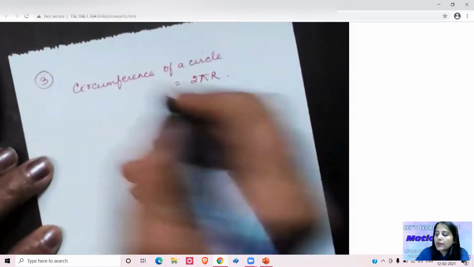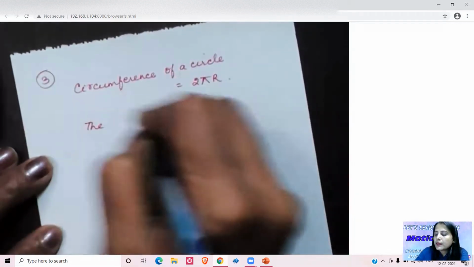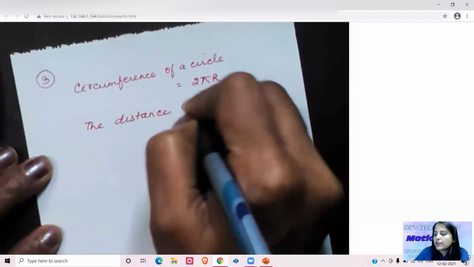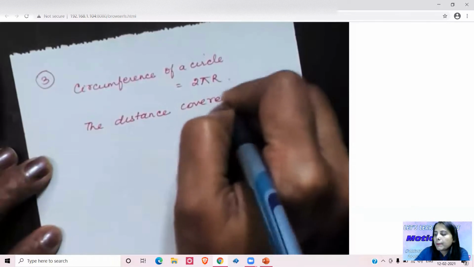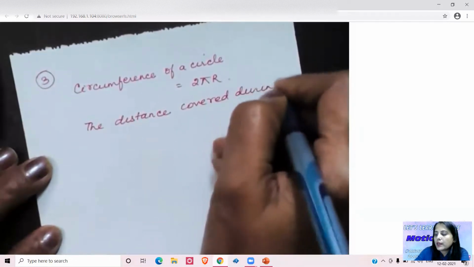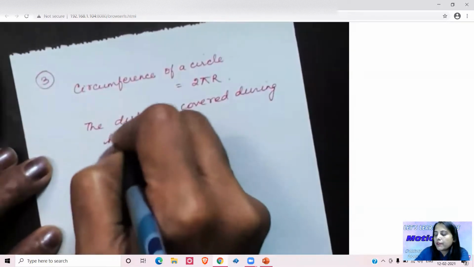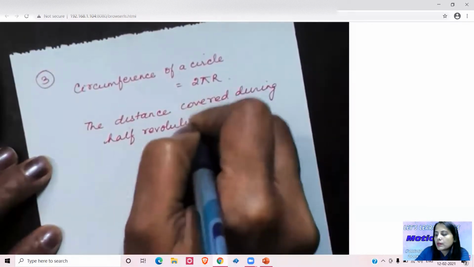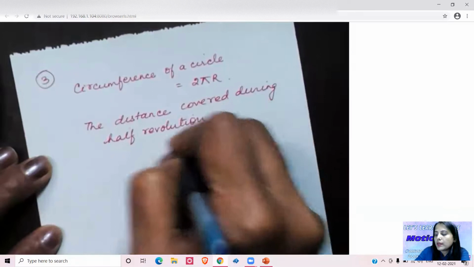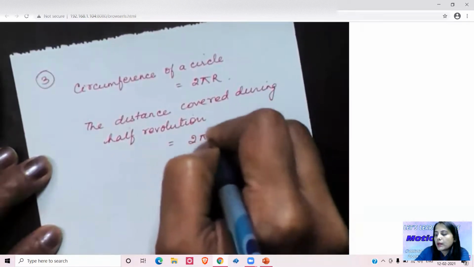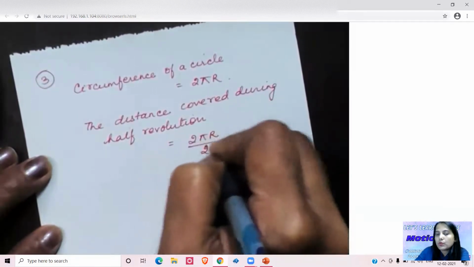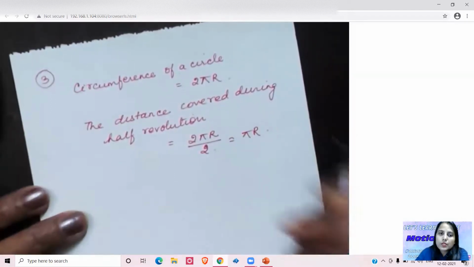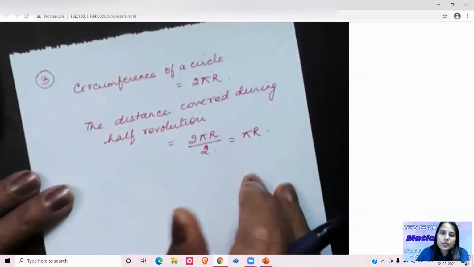But the distance covered during half revolution will be 2 pi r by 2, that is pi into r. So this is the distance calculated.